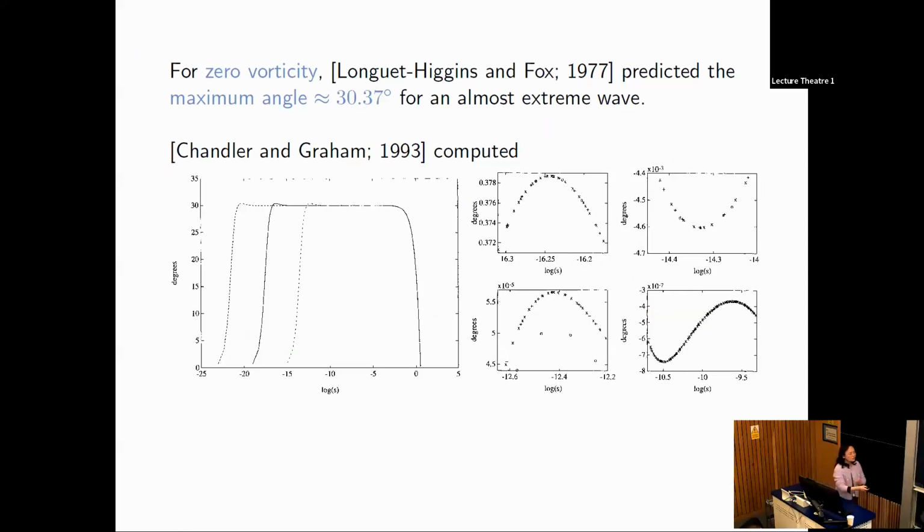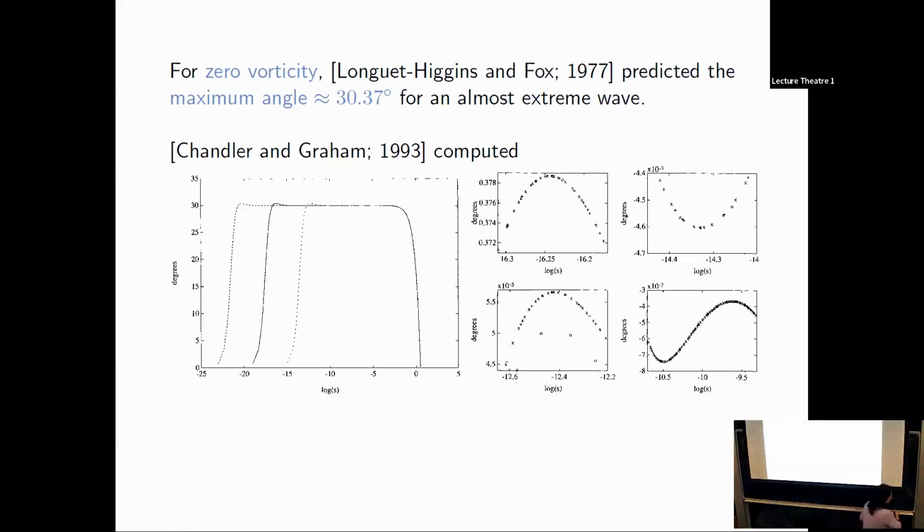Now, back to the zero vorticity case. For zero vorticity and for the extreme wave, there's a proof that the solution is convex down. Actually, I could put up this one so I can draw something.